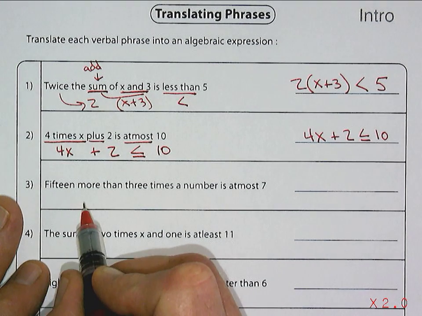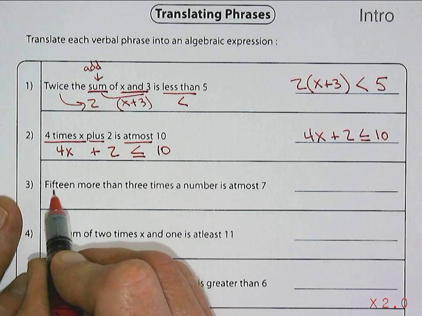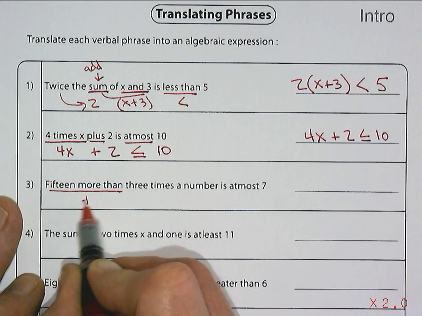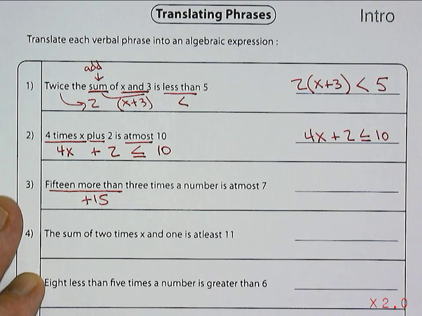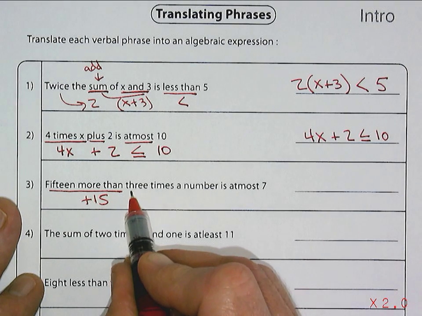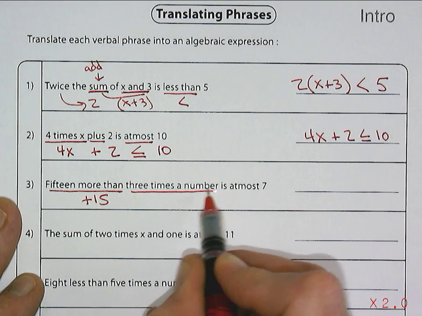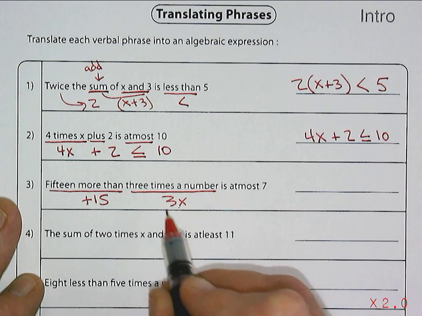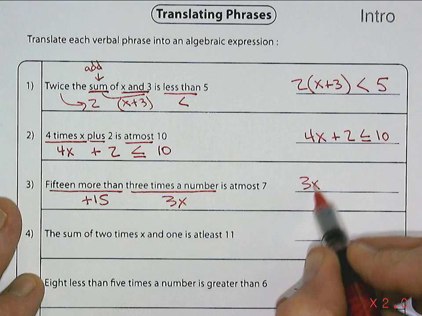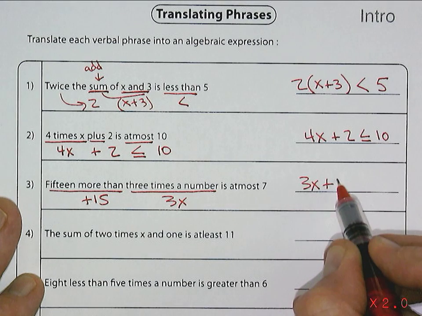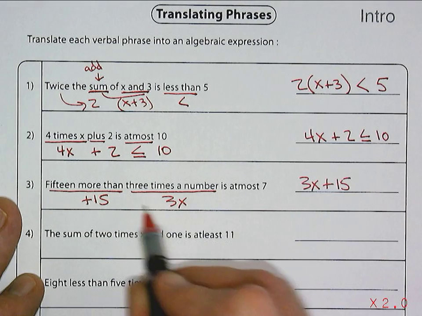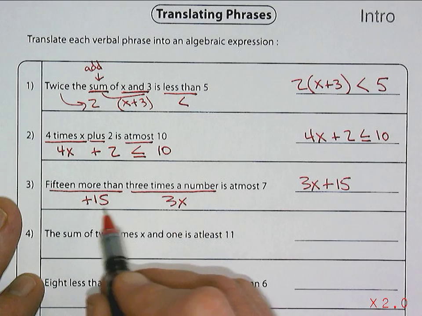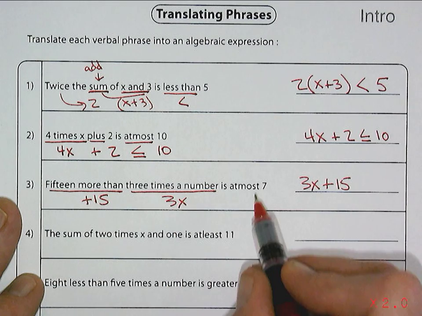Let's look at the next one, 15 more than. When I say 15 more than, that's going to be plus 15 to something. And that something is 3 times a number, which is my 3x. So I have 3x plus 15, because it's 15 more than this. 15 more than this is at most.